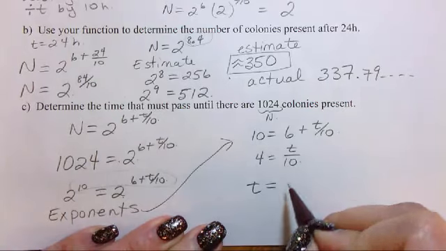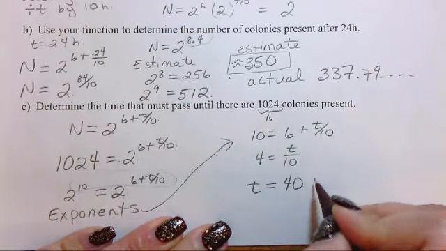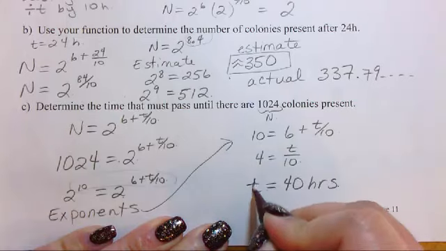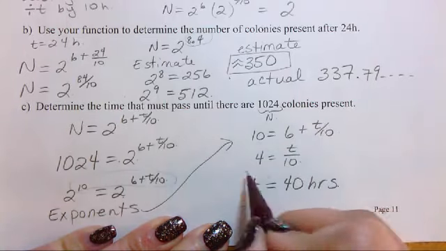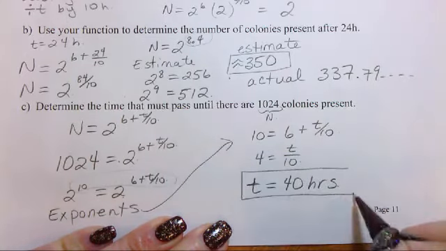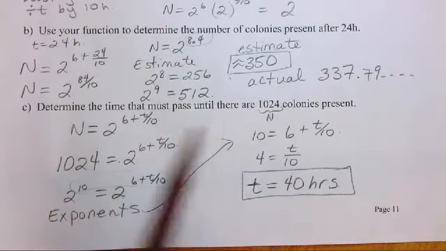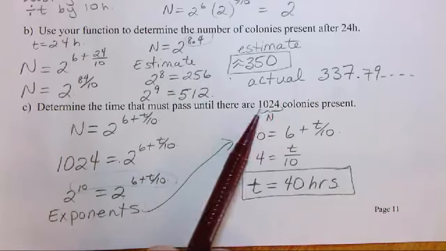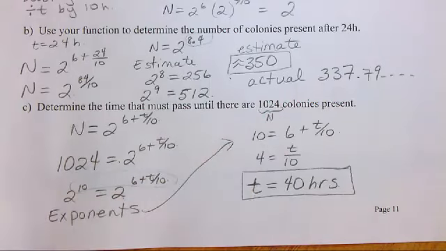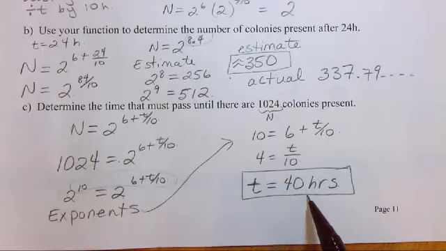I end up getting t equals 40 hours. So after 40 hours, we are going to have 1,024 colonies, because it doubles every 10 hours. So that is 4 doubling periods.